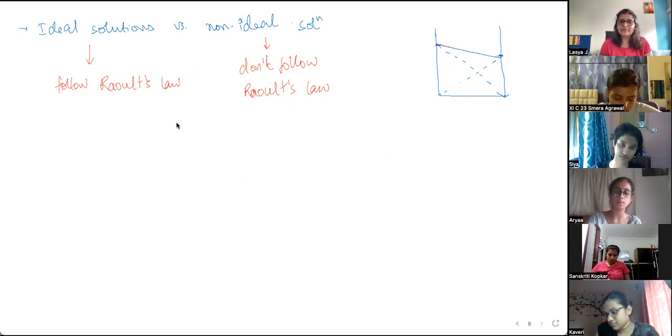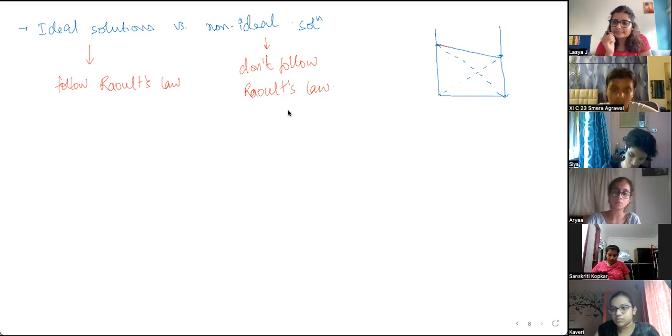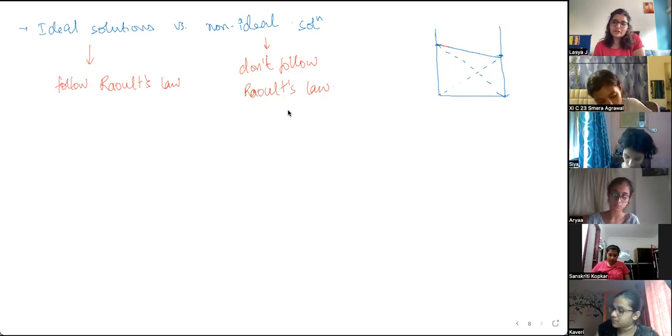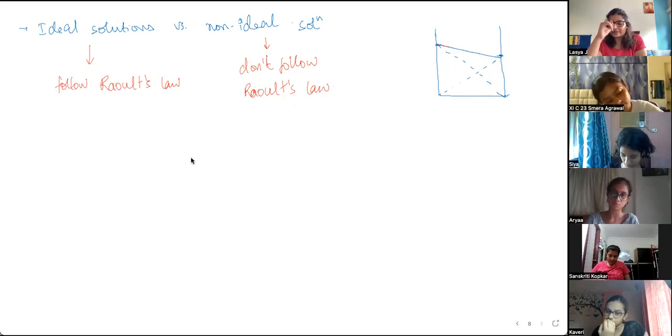What did you say about Henry's law? We use Henry's law when we dissolve a gas in a liquid. Raoult's law is for when we dissolve liquid in liquid because it deals with the vapor pressures of the liquid.